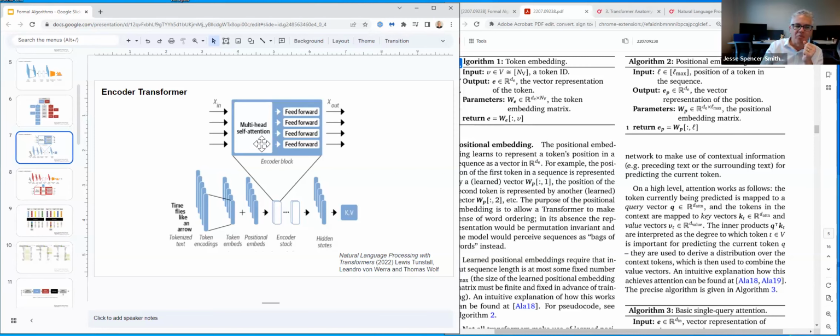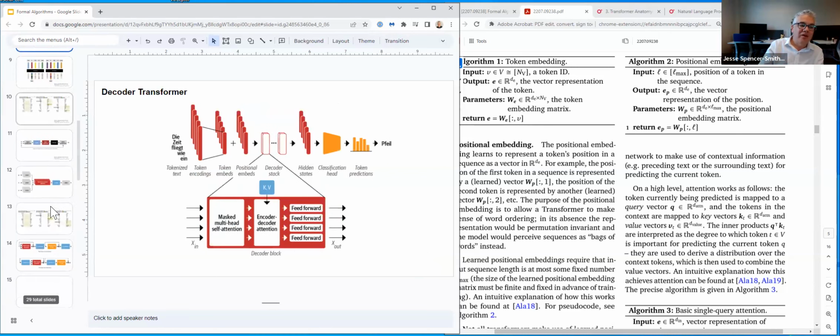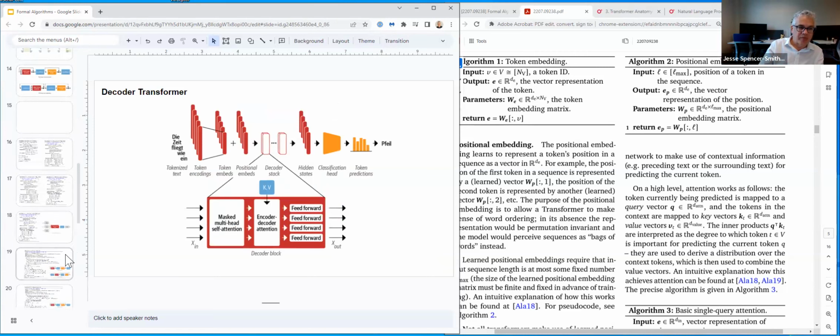Self-attention meaning you combine multi-head attention that we've been talking about with feed-forward networks in stacks like this. You break it up: a layer of attention, feed forward, a layer of attention, feed forward, a layer of attention, feed forward. And it's not just the graphs that look the same, it's that the algorithms are very much the same between the two.